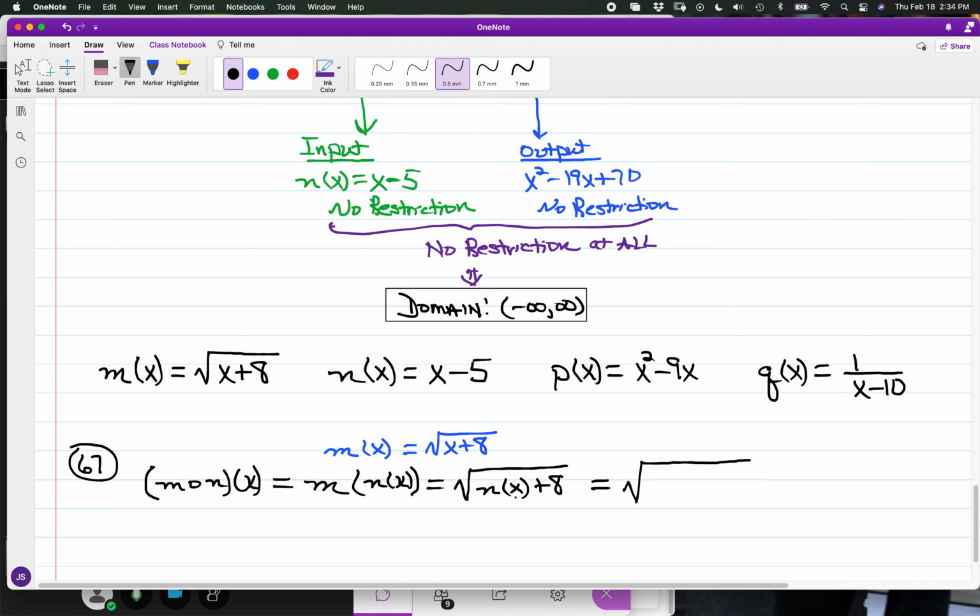I'm going to replace n of x with its variable expression equivalent, x minus 5, followed by the addition of 8. The resulting composition is going to be the square root of x plus 3.